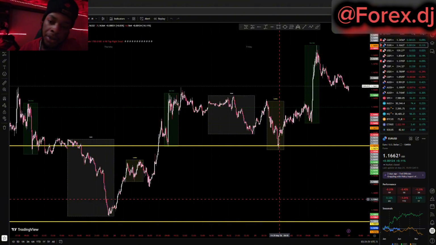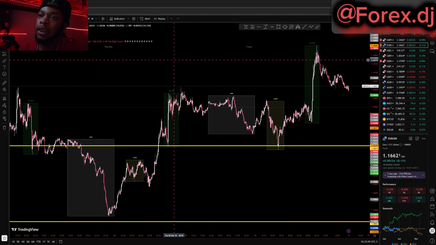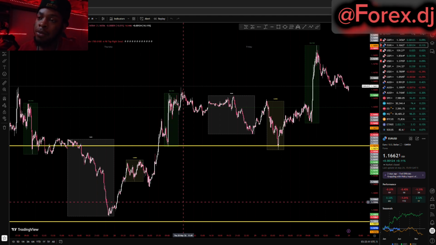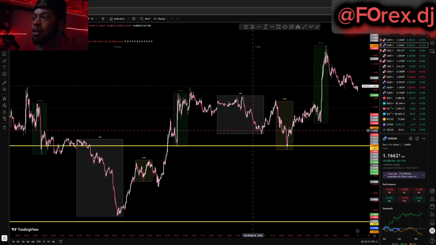Because you've got low resistance draws on liquidity and high resistance draws on liquidity. Low resistance draws on liquidity are, like I just said, lows or highs that make more sense to get hit rather than the other ones. And the other ones are what we call high resistance liquidity. I'll show you examples on the charts in a second, but like I always do, let's start with the basics.